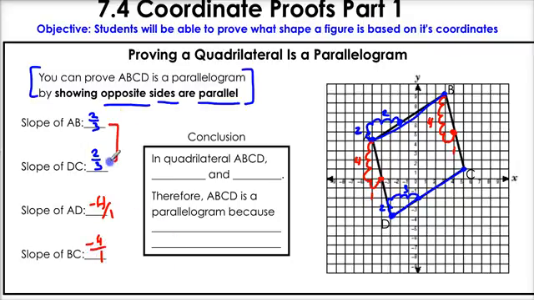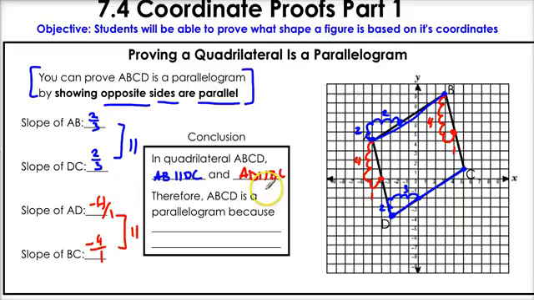So if you look here, let's use some coordinate colors. We know AB and DC are parallel, and we know AD and BC are parallel as well. So now we're going to write our conclusion, just like we've done in all our proofs. And our conclusion is just that in quadrilateral ABCD, I know that AB is parallel to DC, and AD is parallel to BC.